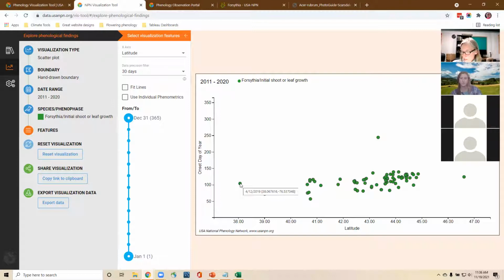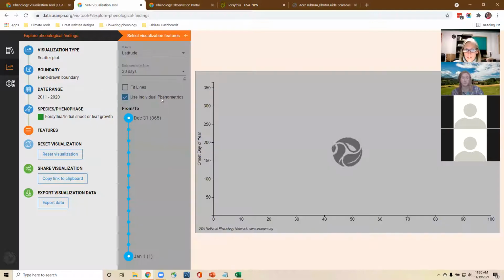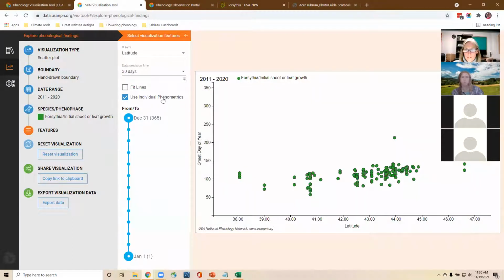The default shows you the onset for the site. So if you had 3 forsythia plants, it's going to give you the average. This is called our summarized phenometrics. If we want to see individual plants, this is a way to do that. You use the individual phenometrics, and that will separate out those summarized site level estimates into the separate individual plants.